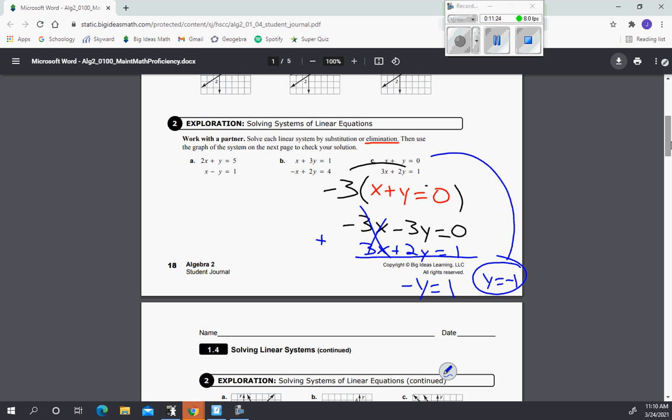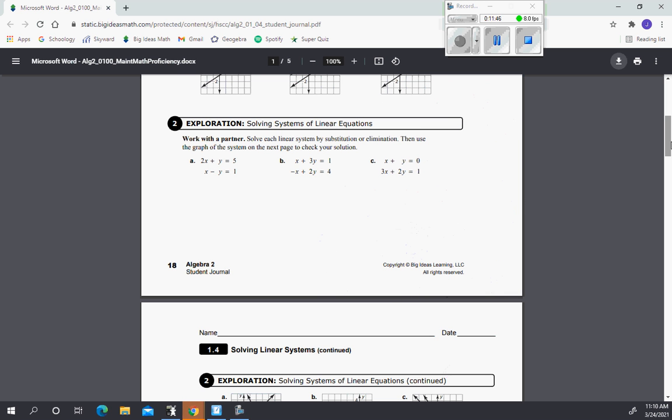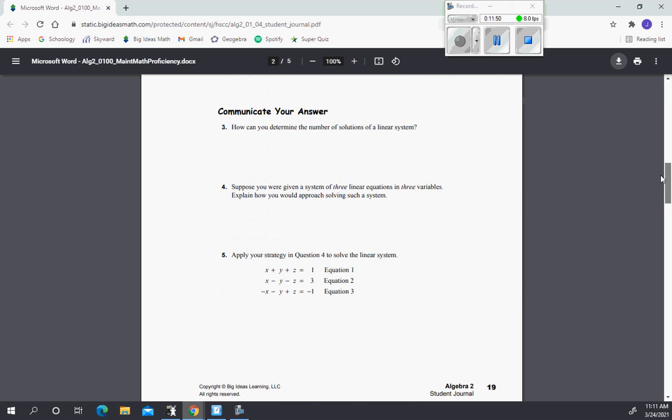Now, go ahead, plug that into the equation. I get x plus y, or negative 1, equals 0. Add 1 to both sides, you get x equals 1. And that's elimination and substitution.